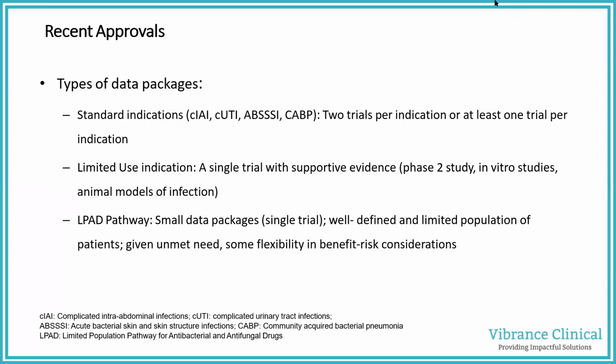And then the small data packages, a single trial, well-defined and limited population of patients given unmet needs. Some flexibility in the benefit-risk considerations was also considered by regulators. So this has been the recent approvals over these years. But if I recall, in the last 4 to 5 years, we haven't had any significant anti-infective approved which would address most of our needs.